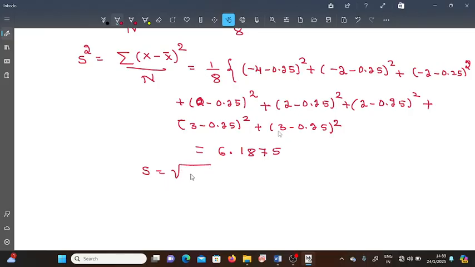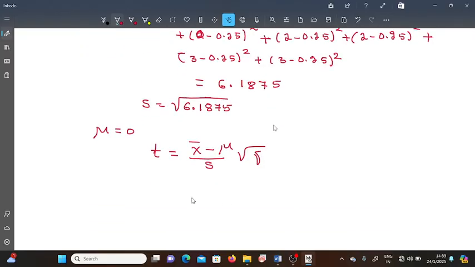So S becomes square root of 6.1875. Now the population mean mu is equal to 0. Therefore the t statistic is given by (x bar minus mu) by (S into square root of n).